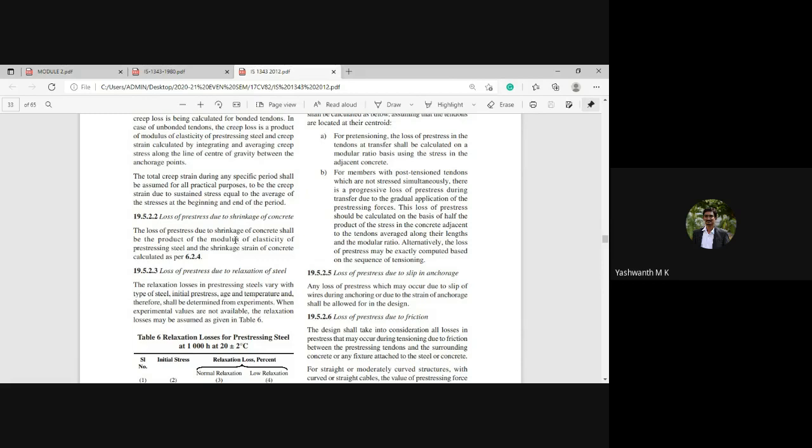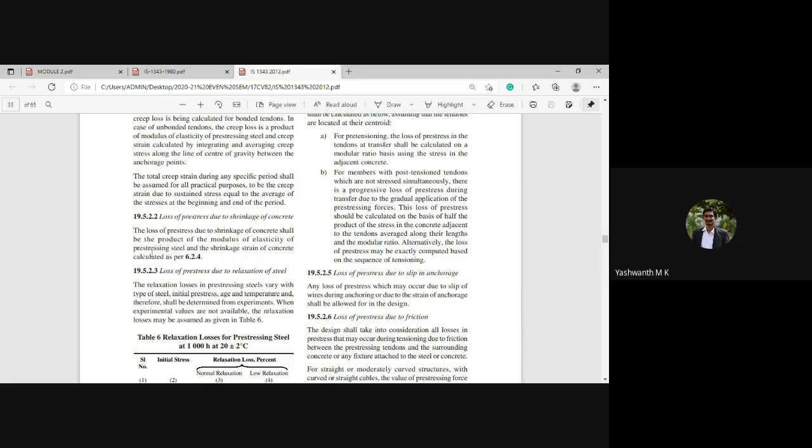So this will get you the loss of pre-stress due to shrinkage, and this will be calculated as per 6.2.4. Here also they are not going to specify any formula. You need to remember this text and you need to apply the formula.